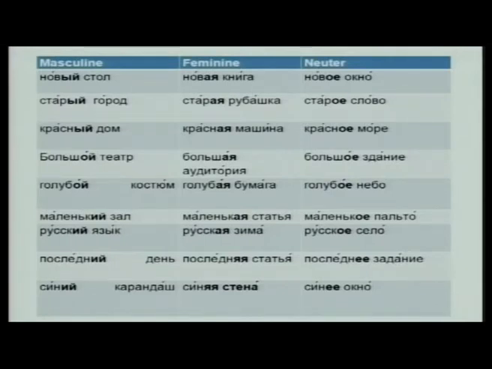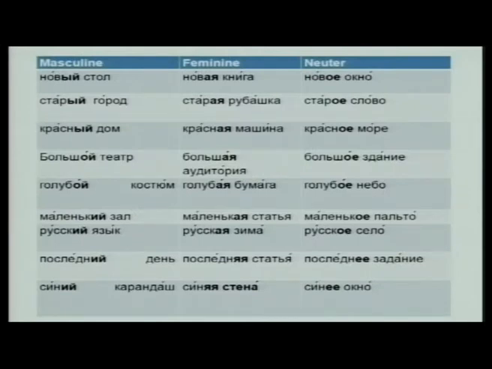In the second we have новая книга because книга is of feminine gender. Then in the third we have новое окно because окно is of neuter gender. So likewise in the entire list, if you pay attention, all endings of these adjectives are changing according to the noun.